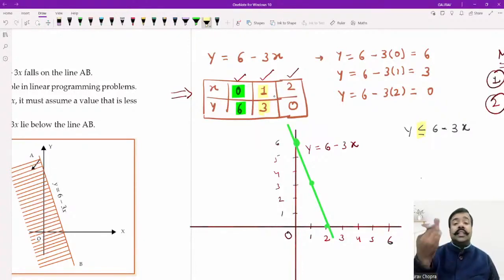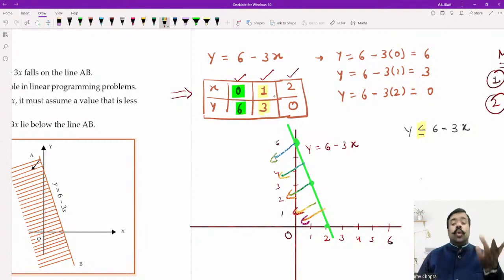We have to remain in our limits. Because of this, the required area will always be less than this line, that means towards the origin.